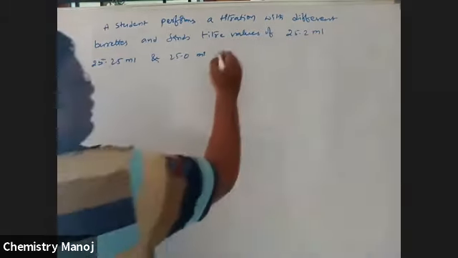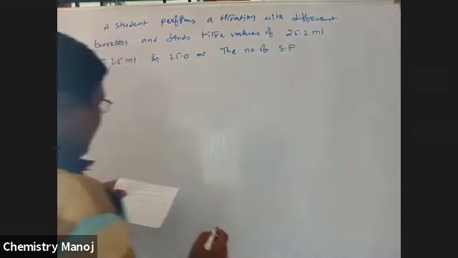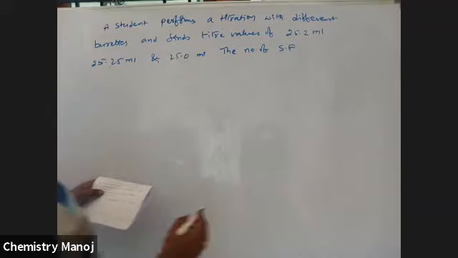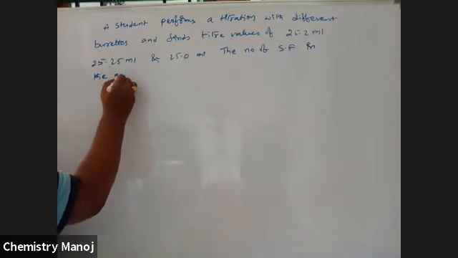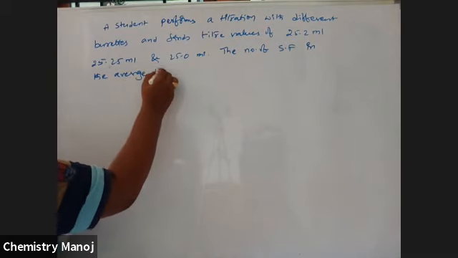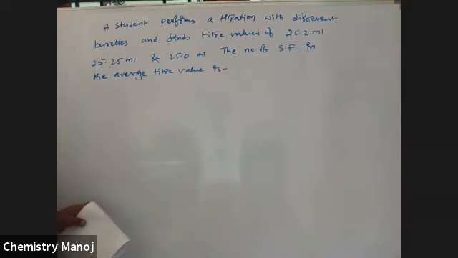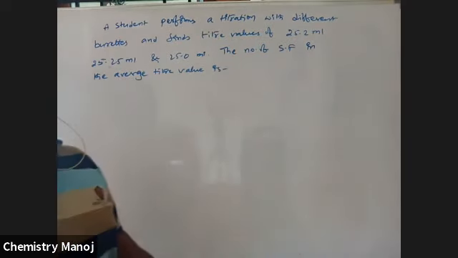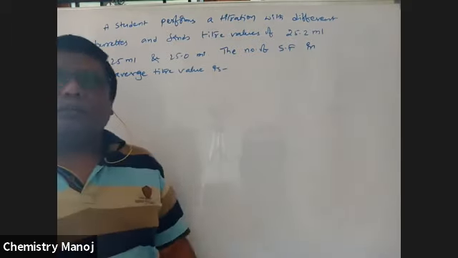The number of significant figures in the average titer value is how much? 2, wrong. 4, wrong.